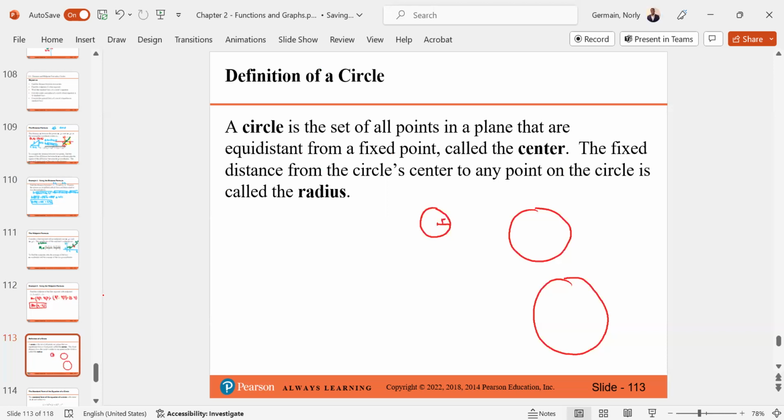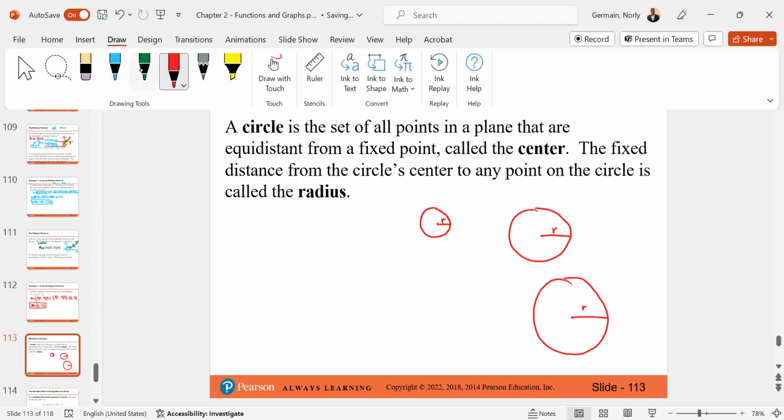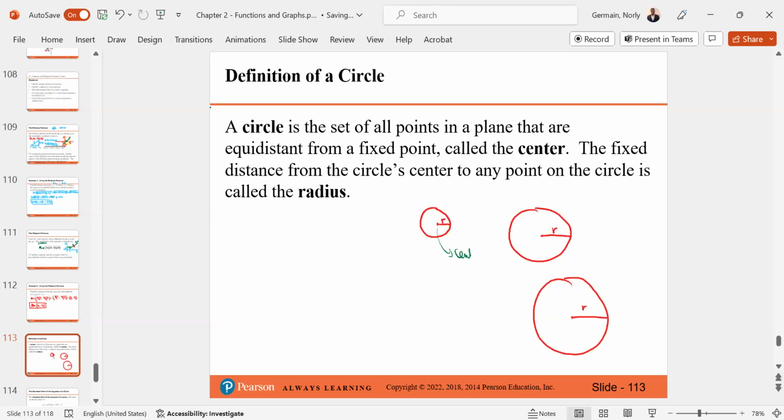The radius comes from the center, or a diameter goes from one side to the other, through the center. So in order to graph or construct a circle, you would always need to know the center and the radius.